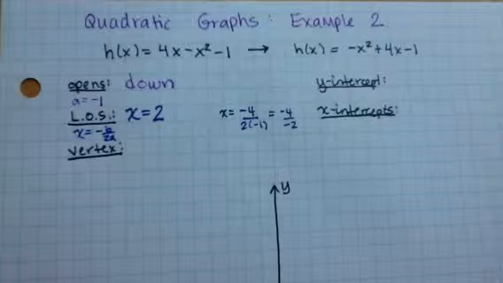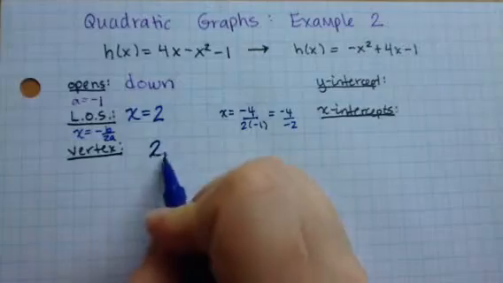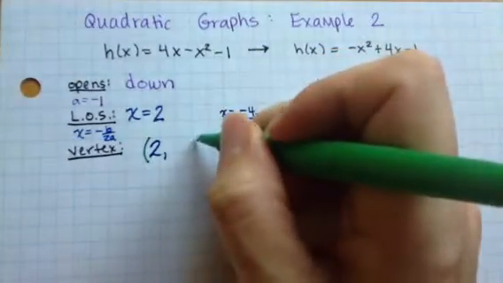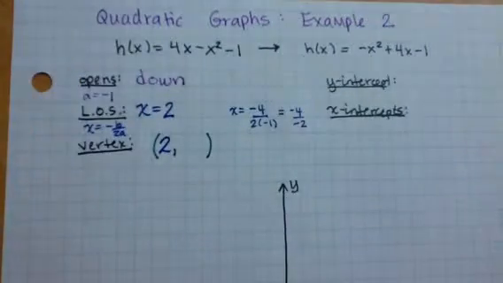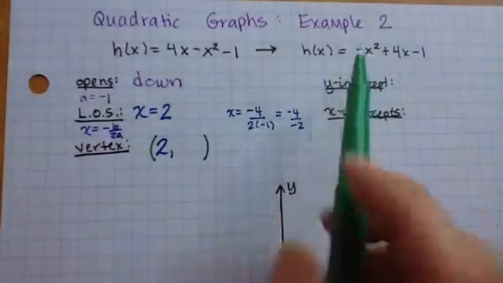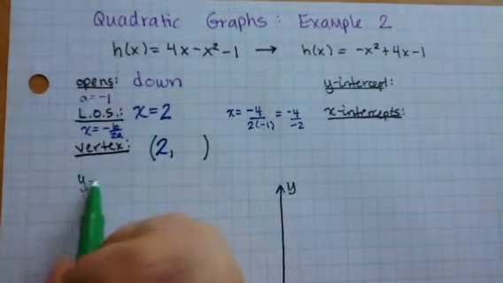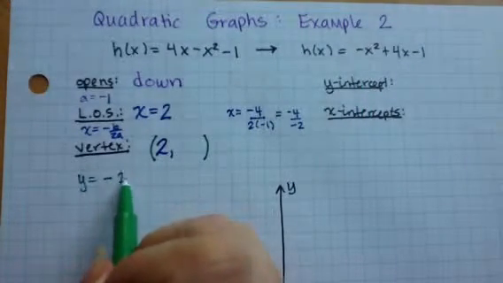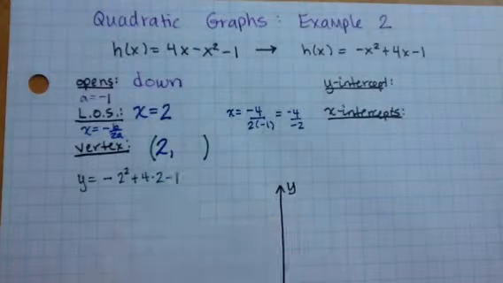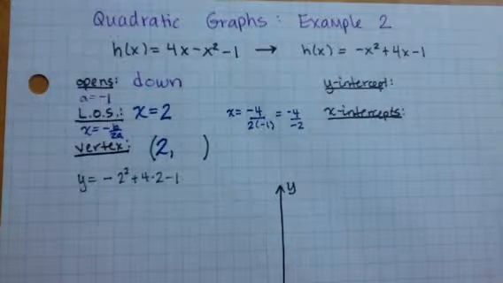For the vertex, we're going to take that x value of 2 and keep that for our x coordinate, but then to find the y coordinate we're going to have to substitute 2 into the original equation. So we'll be plugging in 2 for x, so y will equal -2 squared plus 4 times 2 minus 1. Now keep in mind your order of operations.